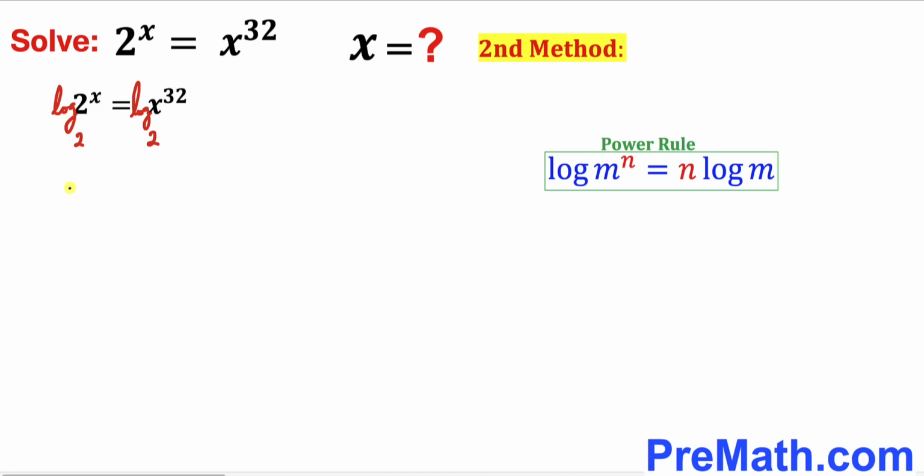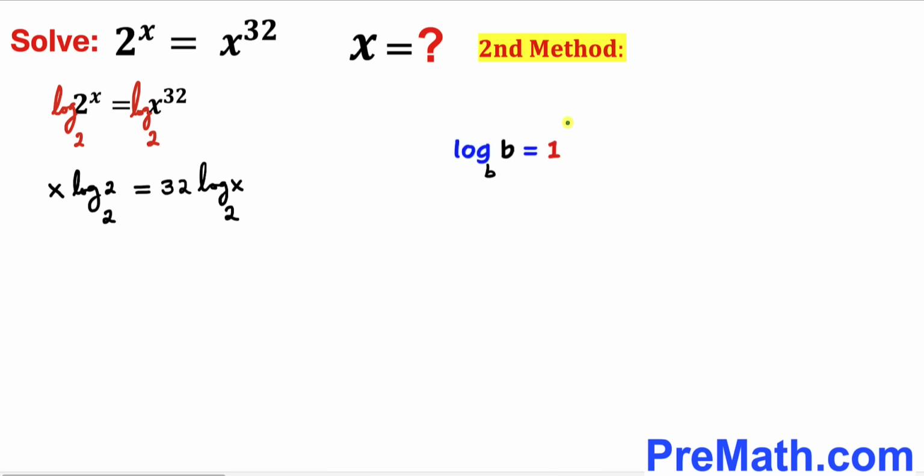So therefore we can write this one as x times log of 2 with the base 2 is going to be equal to 32 times log of x with the base 2. And now let's recall this crucial fact. If we have a log of b with a base b, that is always equal to 1.